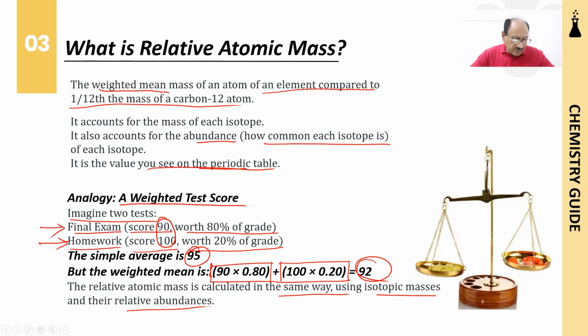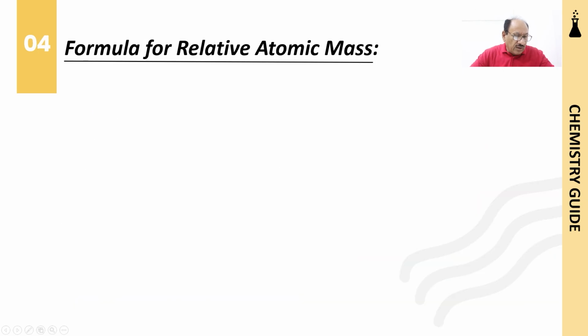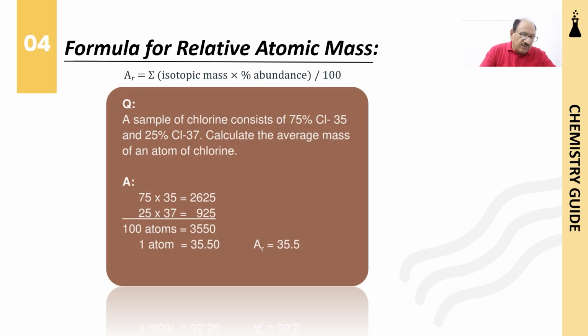Hopefully you understand this by the example, and now we can go through the formula for relative atomic mass. Relative atomic mass is the sum of the isotopic masses multiplied by their percentage abundance, divided by 100. Let's go through this question: a sample of chlorine consists of 75% chlorine-35 and 25% chlorine-37.